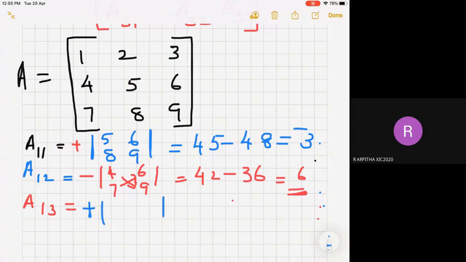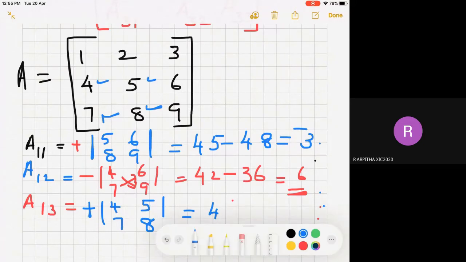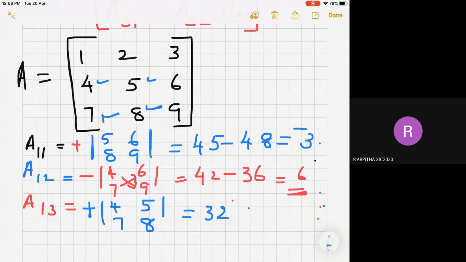The row and column containing 3, when you delete, you will get 4, 5, 7, 8. So its value is 4 into 8, 32 minus 35. The value is minus 3. First row over.